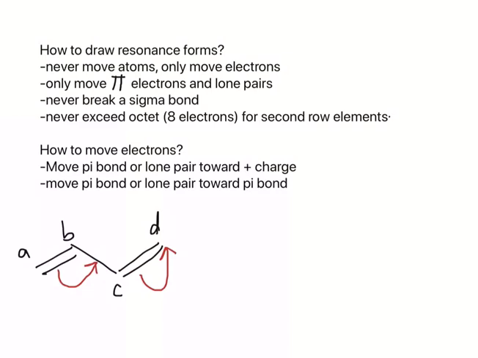So when a new pi bond forms between carbon B and C, the pi bond between C and D has to break and it will collapse on carbon D. And we use this double-headed arrow for resonance forms.